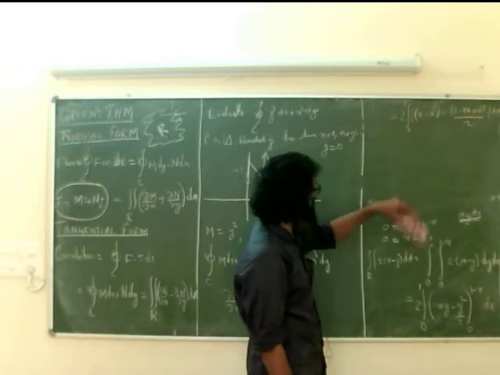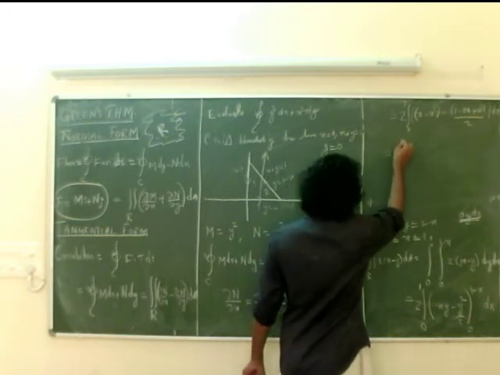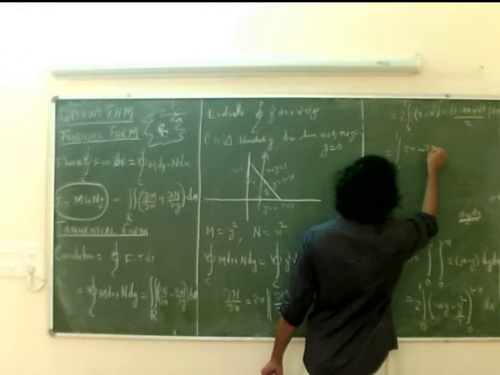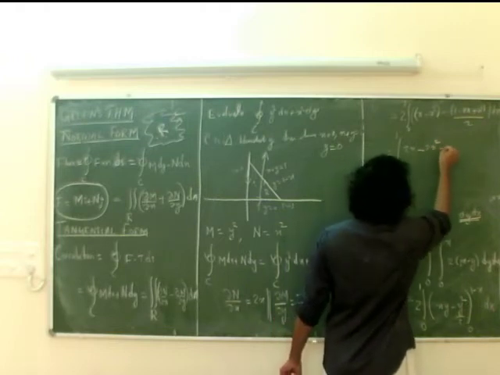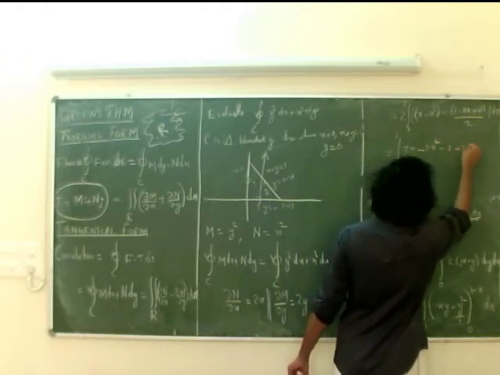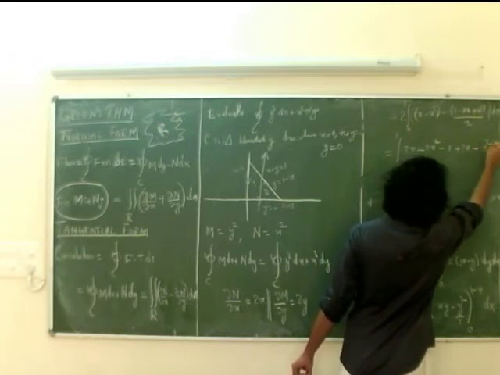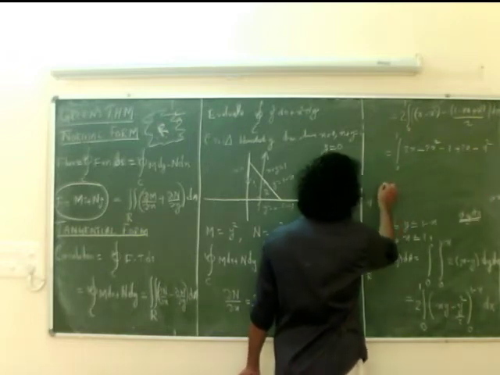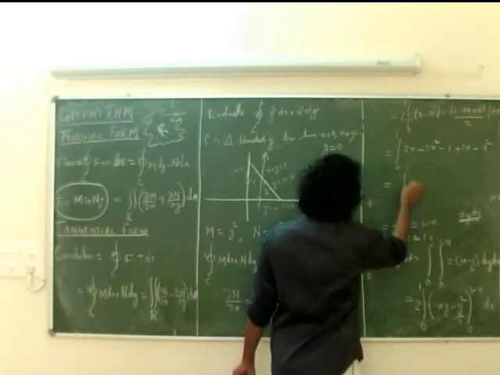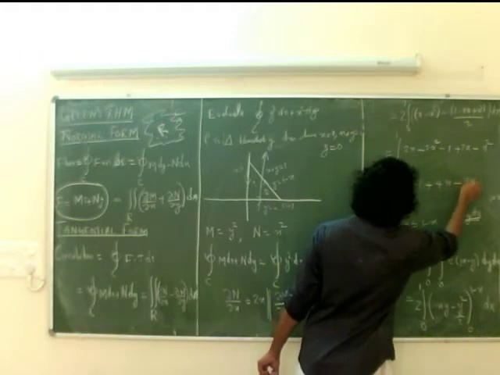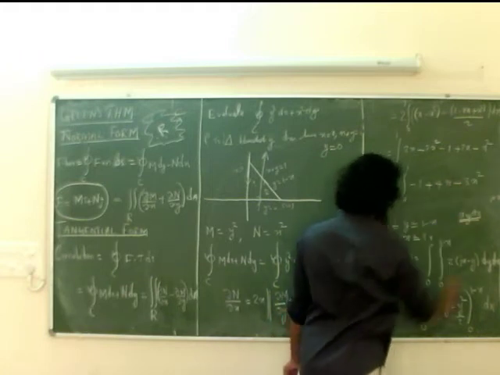So I can multiply by 2. This is equal to the integral from 0 to 1 of 2x minus 2x square minus 1 plus 2x minus x square, which is the integral from 0 to 1 of minus 1 plus 4x minus 3x square.